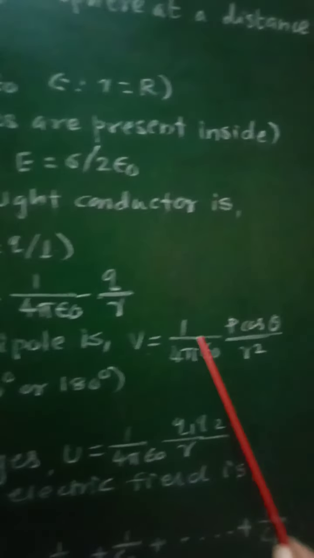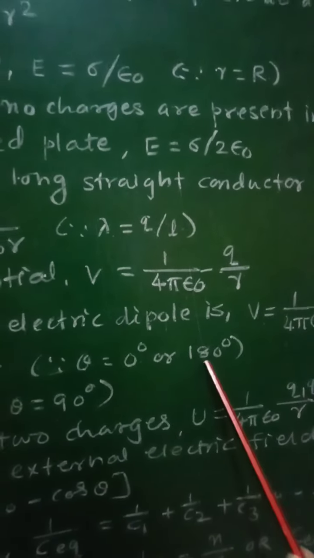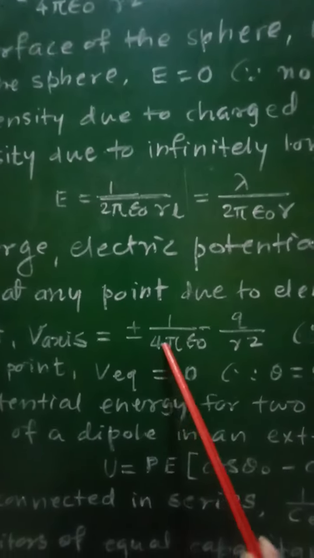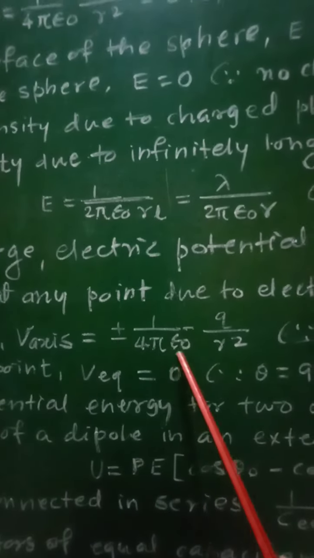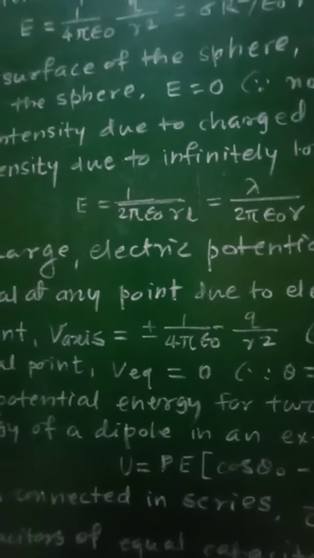This theta will be equal to either 0 for parallel, or for anti-parallel it will be 180 degree, and therefore phi axis is equal to 1 upon 4 pi epsilon 0 q by r square with plus or minus sign.